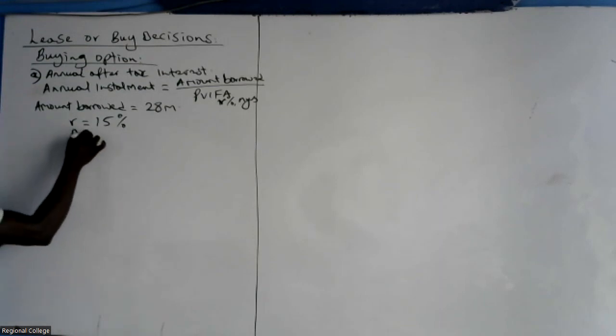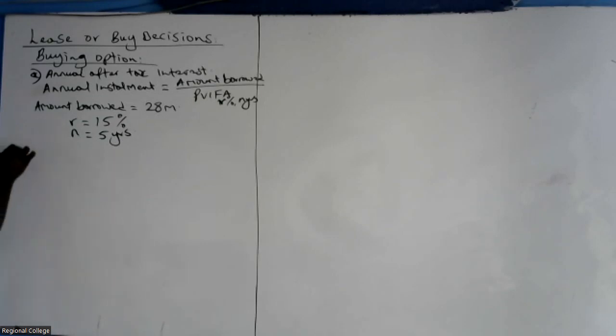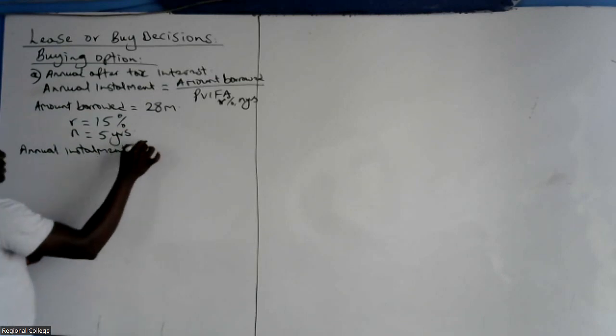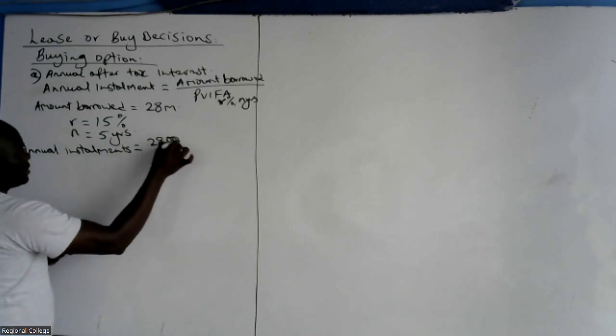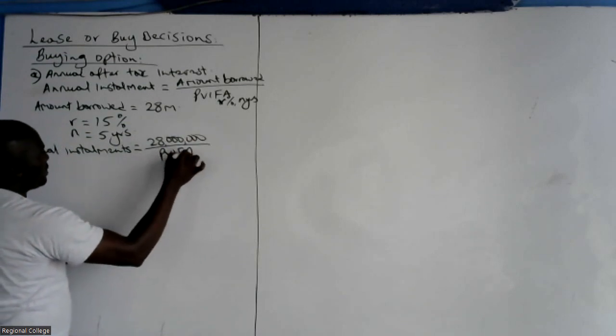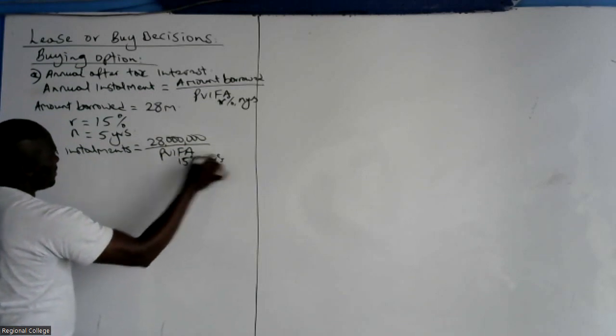Then what is our N? This is 5 years. So the annual installment becomes 28 million divided by the PV of 15%, 5 years.